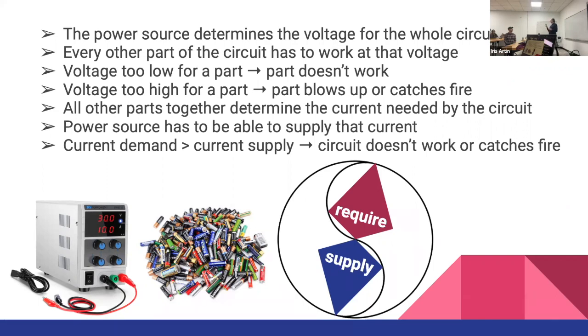If you're talking about the old-school incandescent bulb, what's going to happen with that one is that it will be dim. If you're looking at something like an LED, that one tends to have much more of an either-it-works-or-it-doesn't kind of behavior. So it might not turn on.